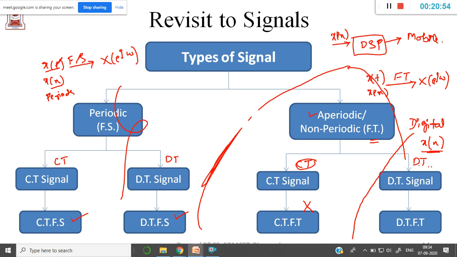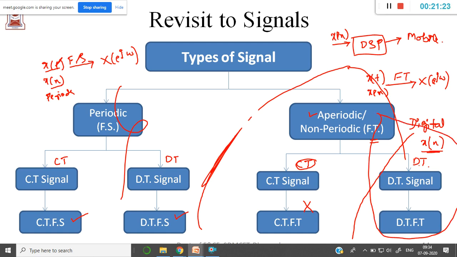Since I am not applying a Fourier series here, because we are not discussing the periodic signals in the entire DSP. Since the processor is processing only digital signals, and we are worried about analyzing discrete signals, I will be concentrating on this portion only.